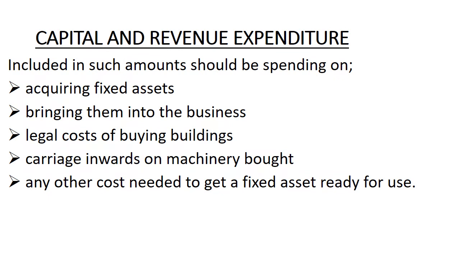So it is not just the cost of acquiring the fixed asset, but all the costs that are involved to make that fixed asset operational. Those are part of capital expenditure.